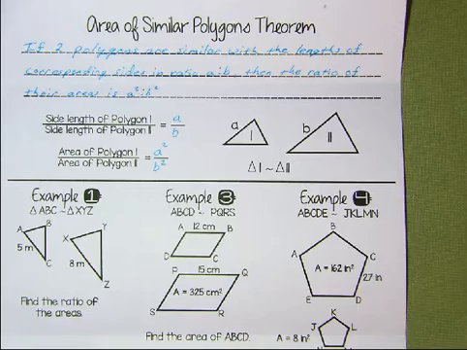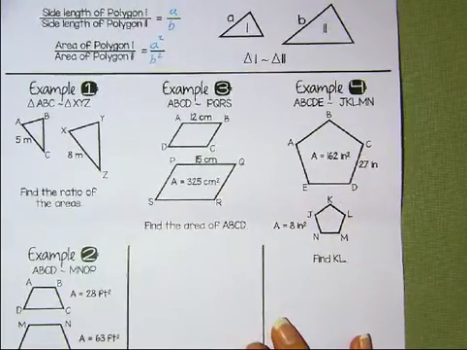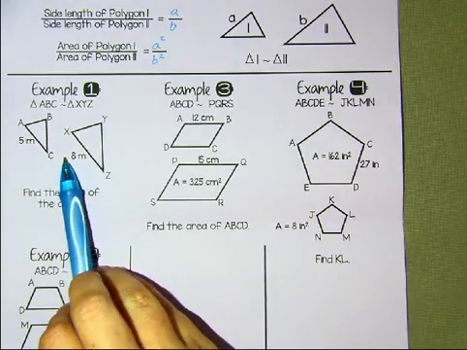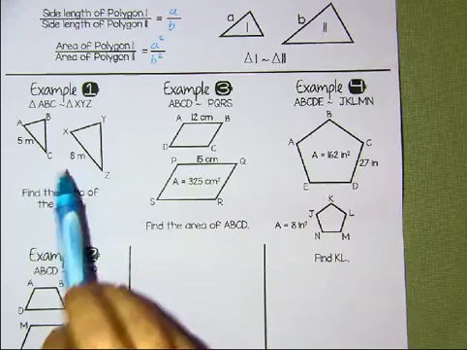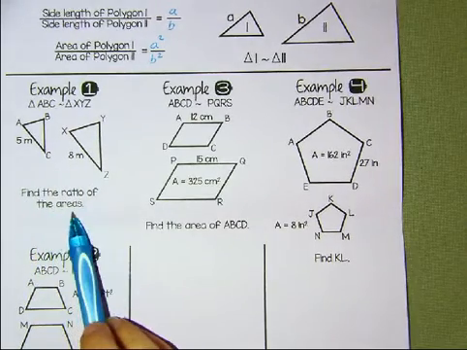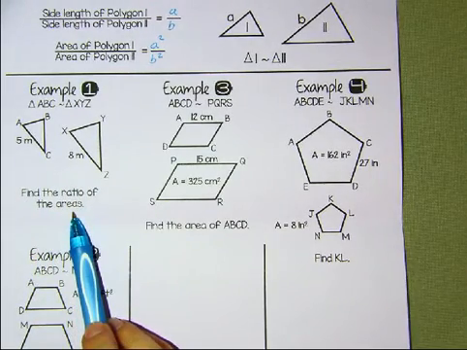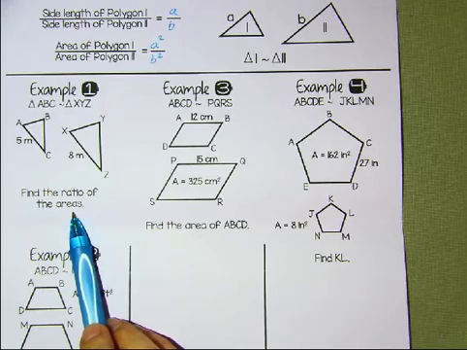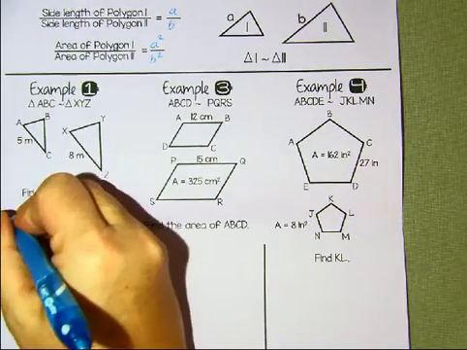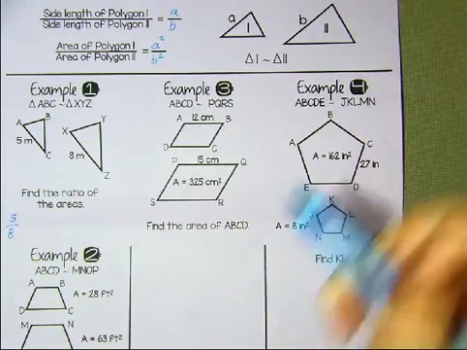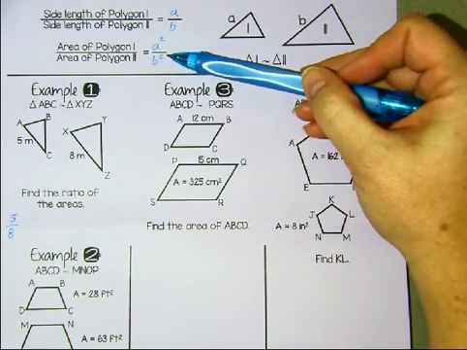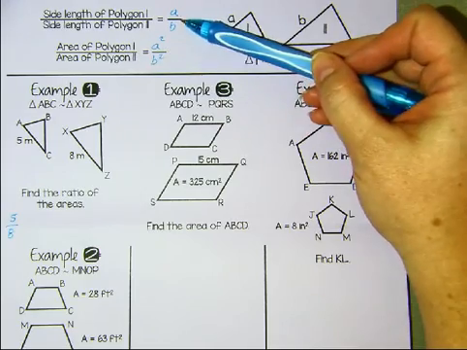The first one, example 1, slide this up just a little bit here. So for example 1, it gives us the length of side AC and XZ, and it asks us to find the ratio of the areas. Okay, so first thing we're going to do is we're going to set up the ratio of our corresponding sides, which is 5/8. And then it said for area, we're going to take that ratio of our sides and we're going to square it.